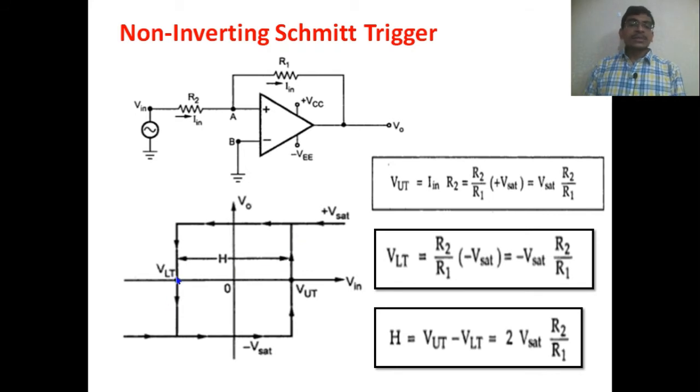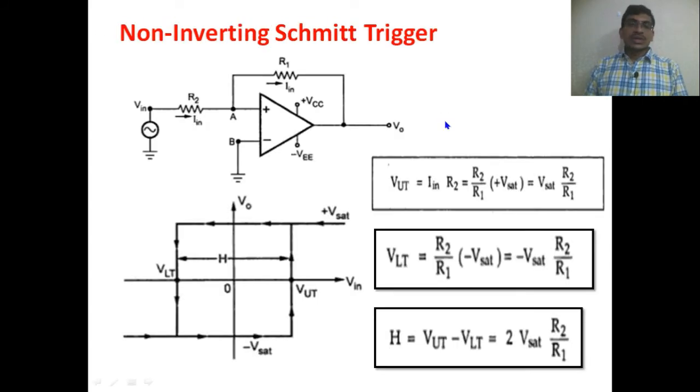There, when the input is less than VLT, the switching is from minus V saturation to plus V saturation. Here the switching is from positive V saturation to negative V saturation. Exactly the opposite of the inverting Schmitt trigger we discussed last. Okay, so this is about the Schmitt trigger.